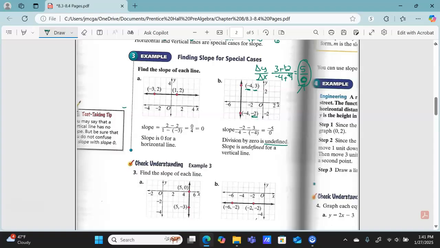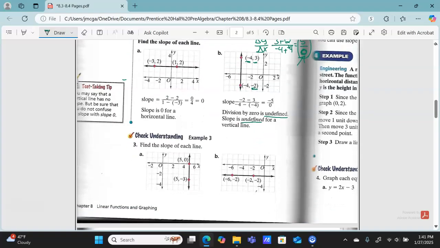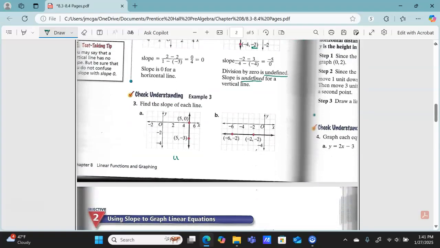So we do not meet the definition of division. The slope here is undefined or does not exist. So the slope of a horizontal line is 0, but the slope of a vertical line does not exist. It's undefined. So on this one, the slope would be undefined, and on this one, the slope would be 0.